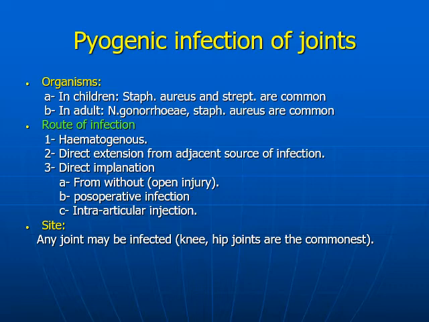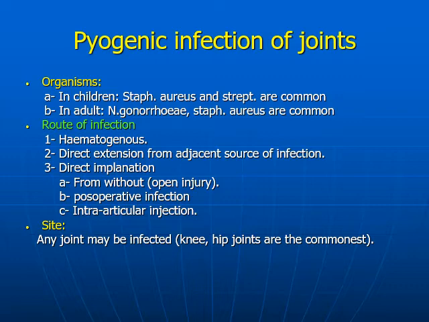Now after we finish bone infection, which is acute osteomyelitis, we said that we have acute hematogenous or subacute osteomyelitis, or chronic osteomyelitis, or post-operative infection. We will now discuss what we call septic arthritis, or pyogenic infection of the joint.